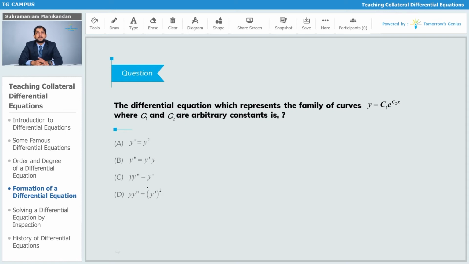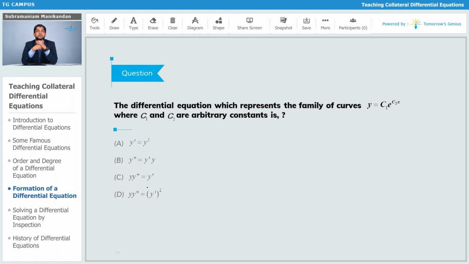Many times experimental data or data obtained by observation of phenomena can be expressed as one quantity in terms of another, where the correlation between those two quantities contains certain constants, like we have here. y is equal to one arbitrary constant multiplied by e to the power of x times another arbitrary constant.